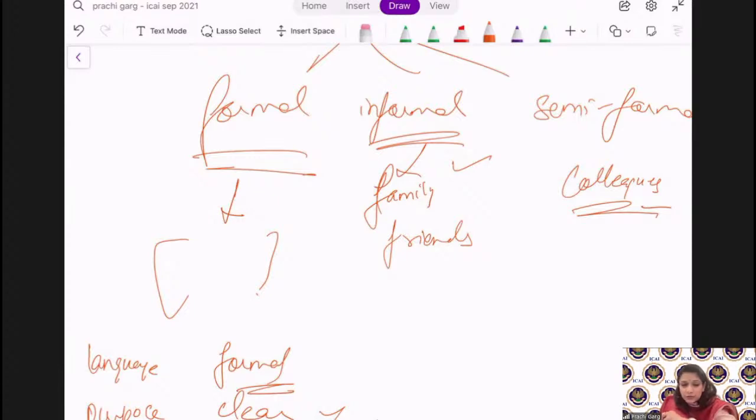Jargon you can use in formal also. Why would you use it in informal email writing?